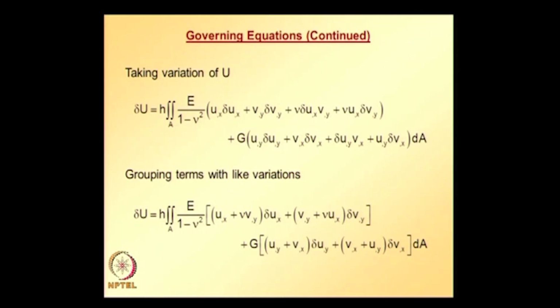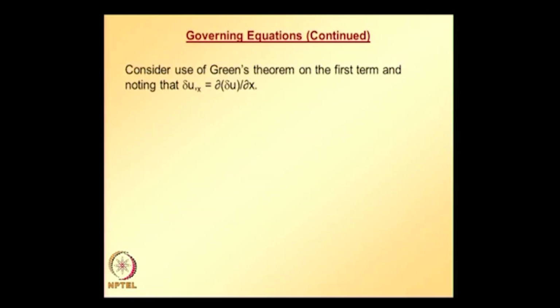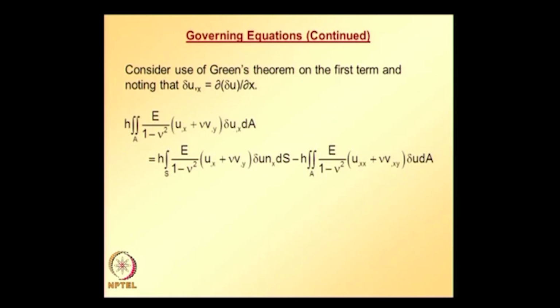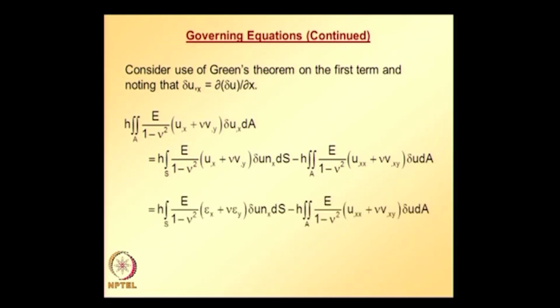So, applying Green's theorem and applying the condition that the variational operator and differential operator are interchangeable, this equation can be written in this manner, which can further be simplified, and finally we get this one.